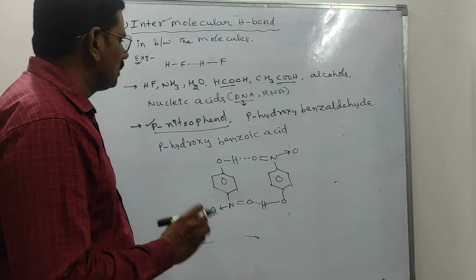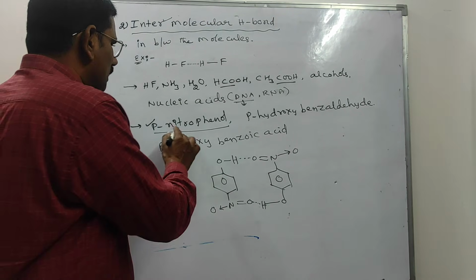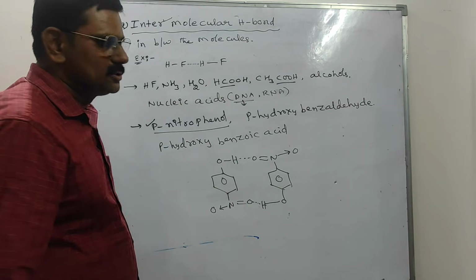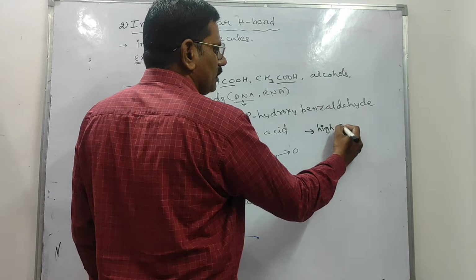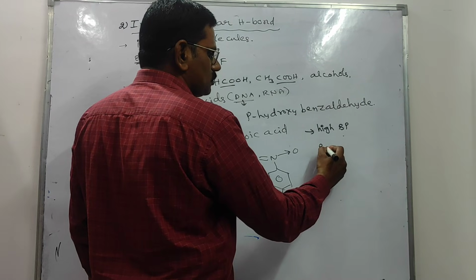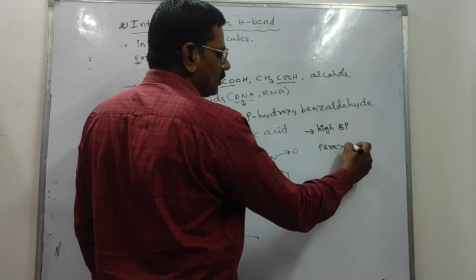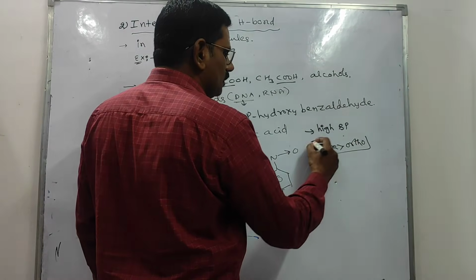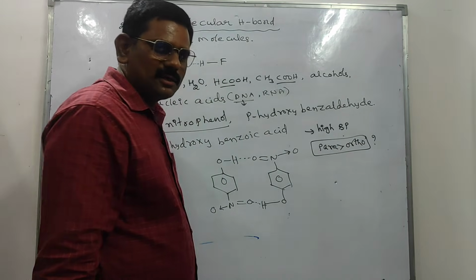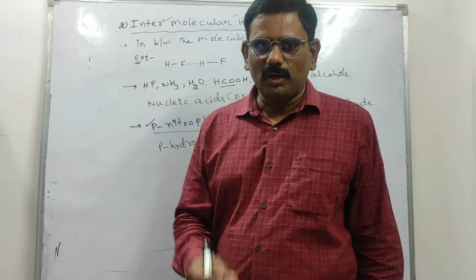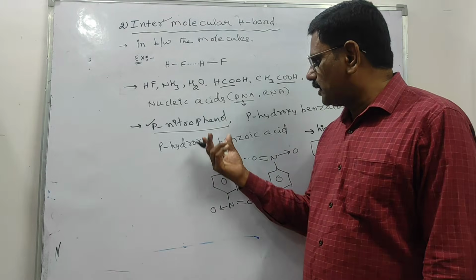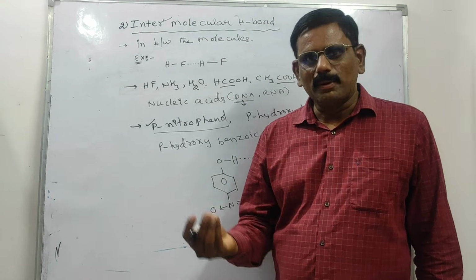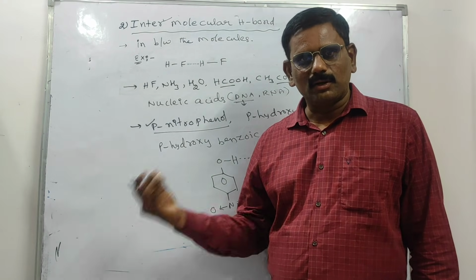Generally, the compounds which exhibit intermolecular hydrogen bonding have a high boiling point. So para is greater than ortho in boiling point. The exact question is why para-nitrophenol has a higher boiling point than orthonitrophenol.